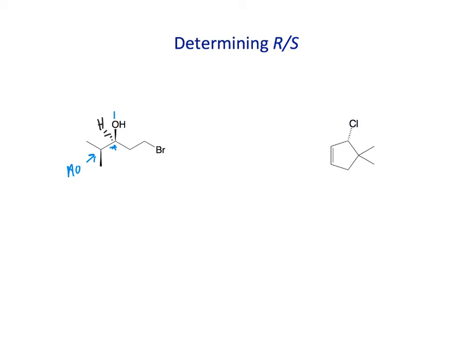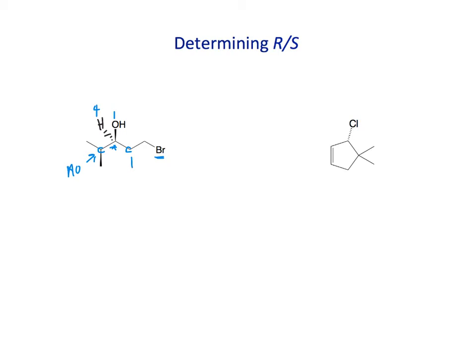OH again is number 1 because we go 1 atom at a time. Notice that there's a bromine on this substituent, but that bromine is far away. So we need to make sure to go 1 atom at a time. So we pick the oxygen as 1, the H is number 4, and we have a carbon here and a carbon here, so these are a tie.